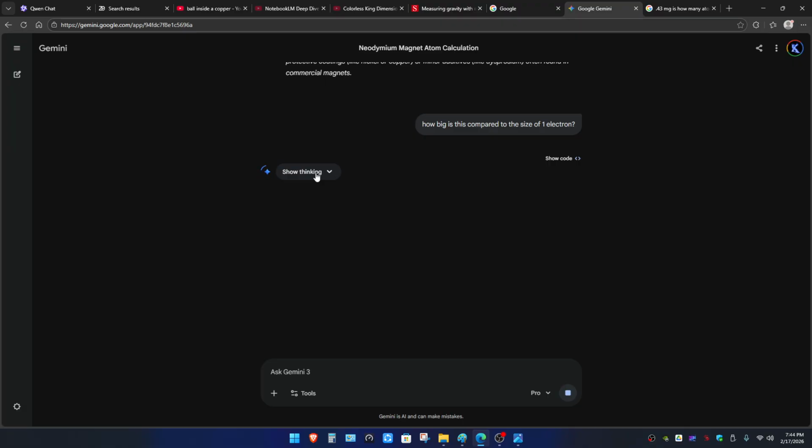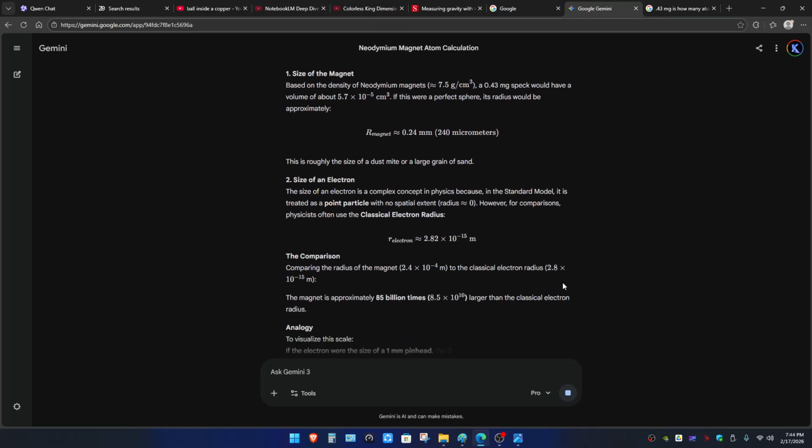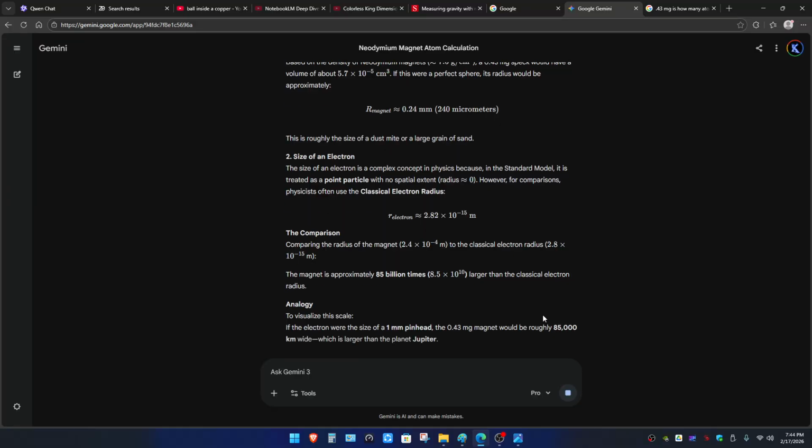Obviously the scale factor is going to be very high. So if we can detect each individual atom using the machine, which is vastly smaller than that, then the question is how much is it? The comparison of the radius of the magnet, which is 2.8 times 10 to the power negative 4 meter, to the classical electron radius 2.8 times 10 to the power negative 15 meter: the magnet is approximately 85 billion times larger than the classical electron radius.